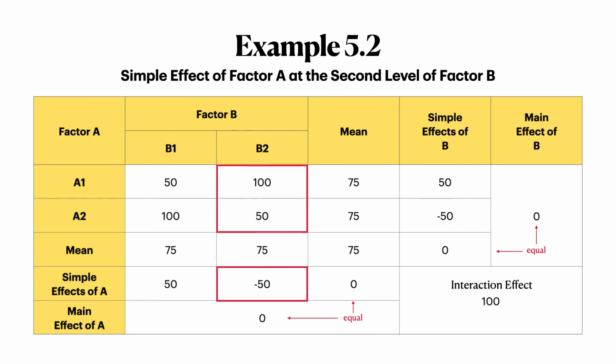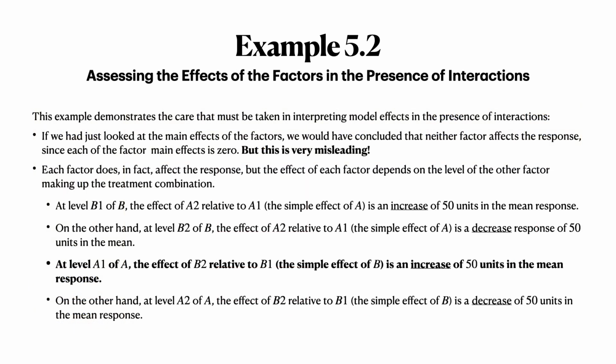So that's a decrease of 50 units. So factor A is impacting the response. Even though the main effect of A is 0, in this example, factor A is impacting the response. It's just impacting it in different ways depending upon the level of factor B that we're talking about.